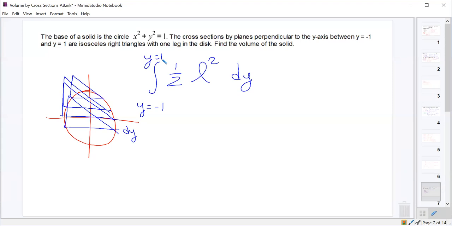Just to be sure about that. The only thing we have left to do is to put our full integrand into terms of y, which turns L into terms of y. So how are we going to do that? If L is this, that's that.